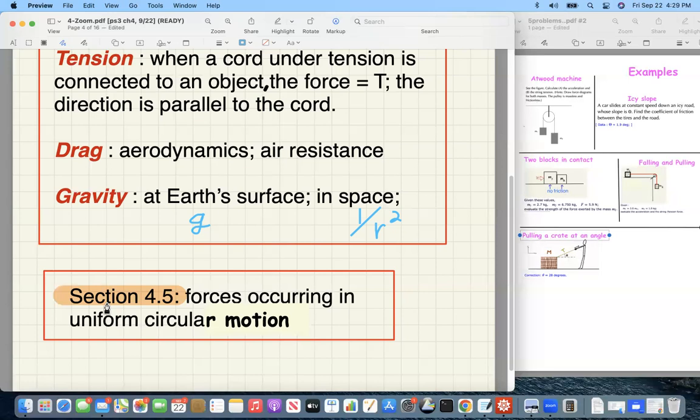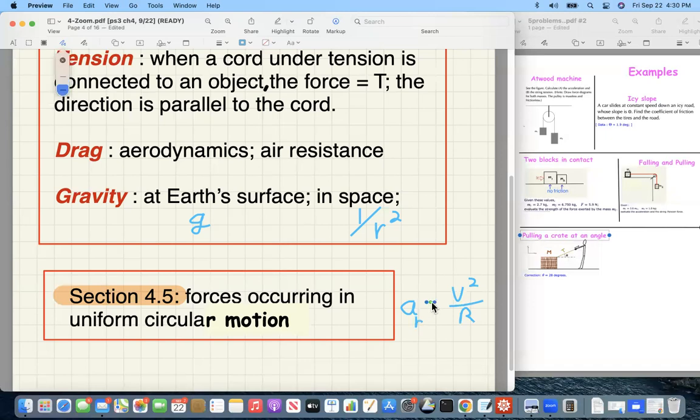Yes, there's centripetal acceleration, which we studied back in chapter 3. The acceleration is v squared over r. That's the centripetal acceleration, the acceleration in the radial direction.